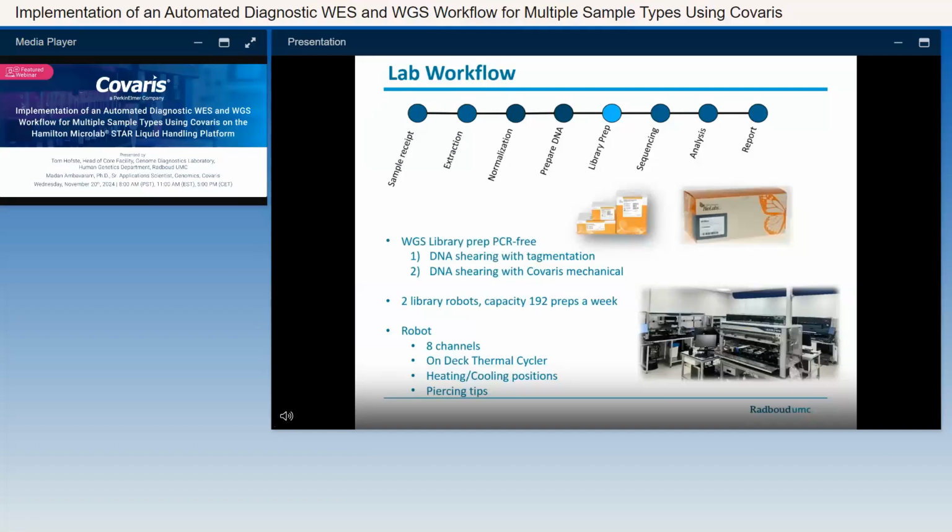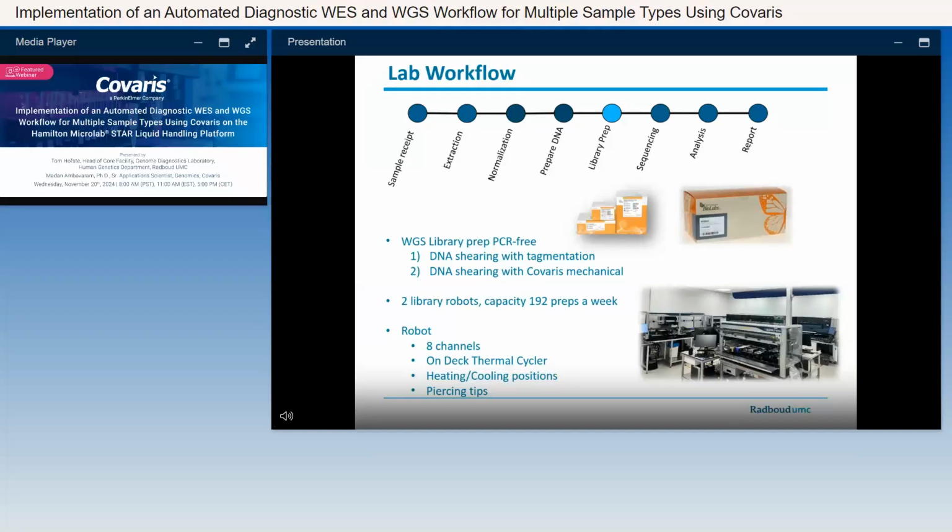There was only one rule for the whole genome workflow, and that was that the library prep needs to be PCR free. In the beginning, we started with DNA shearing with segmentation, and later on we stepped over to DNA shearing with the Covaris for mechanical shearing.